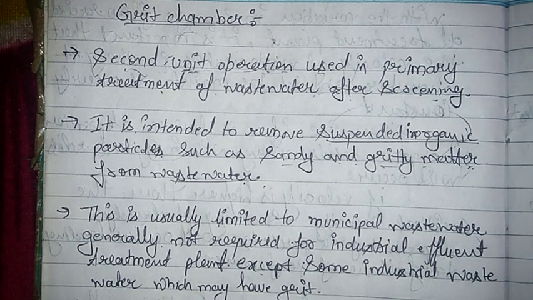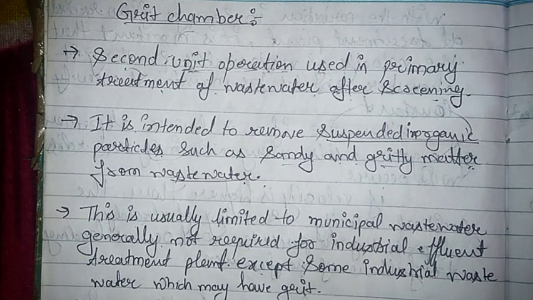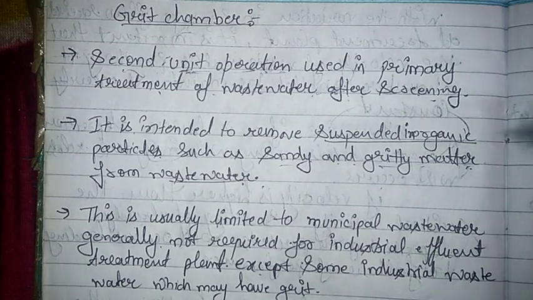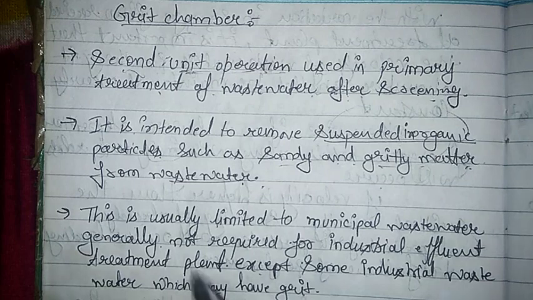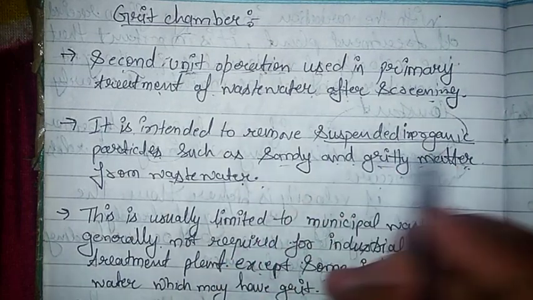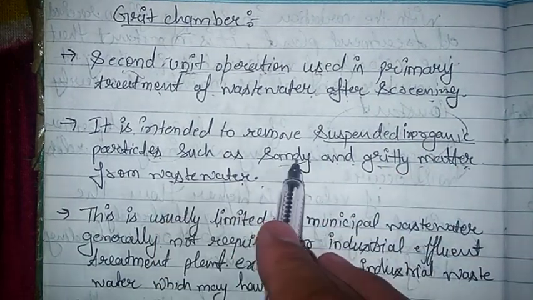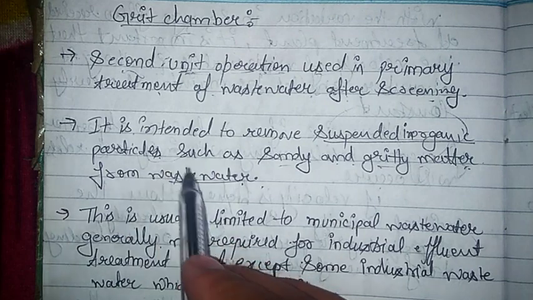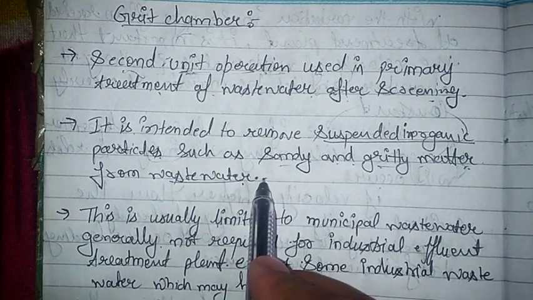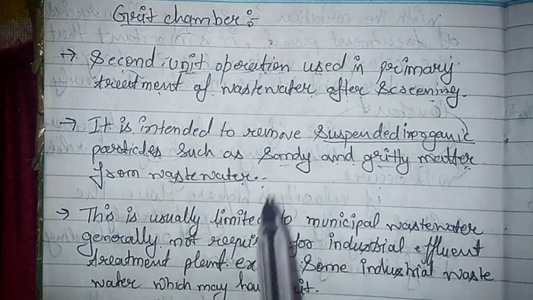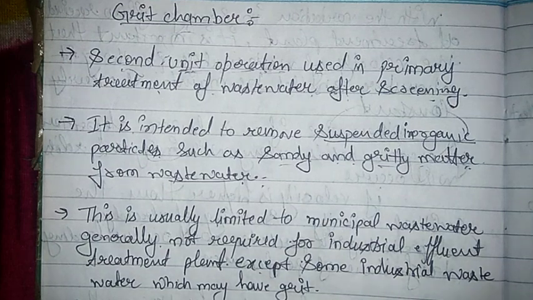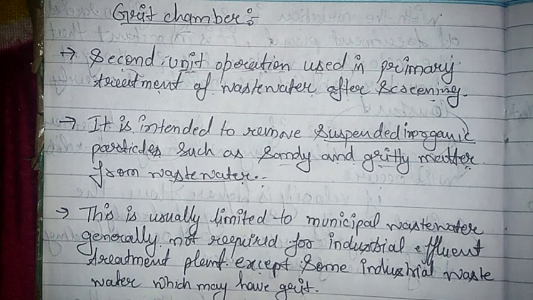Here the grit chamber is the second unit operation after screening. It is intended to remove suspended inorganic particles such as sandy, gritty matter present in the wastewater. Sewage consists of two important kinds of matter.